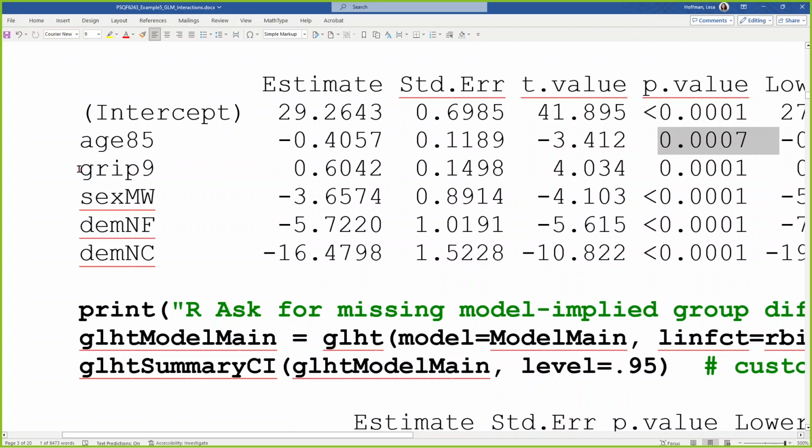But how about grip strength? What happens if you are stronger? Cognition increases. Yeah, cognition is higher. So in people who are stronger, cognition is higher. Specifically, per additional pound you can squeeze, your expected test score goes up by 0.6. That's also a linear slope. We didn't need a quadratic one.